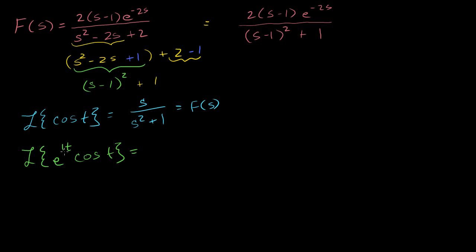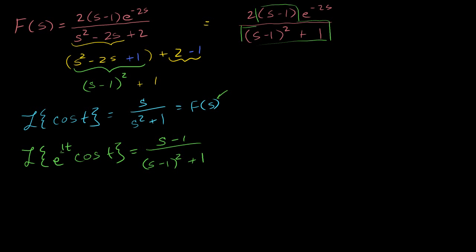Well, then this will just shift this Laplace transform by 1 to the right. Wherever you see an s, you would put an s minus 1. So this will be equal to s minus 1 over s minus 1 squared plus 1. We're getting close. We now figured out this part right here.